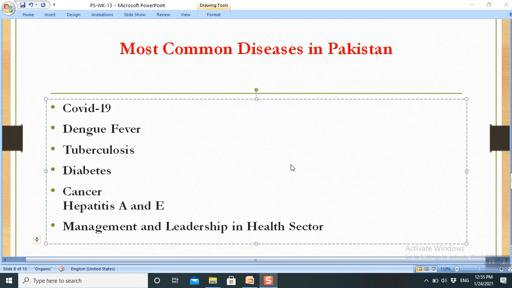And if some other disease is coupled with diabetes, then the fatality rate increases, meaning the person can die. Especially in COVID-19, those people who had double diseases like diabetes couldn't survive.